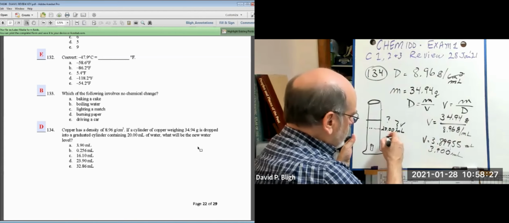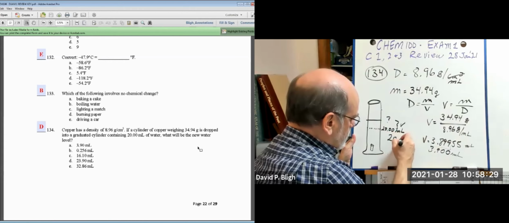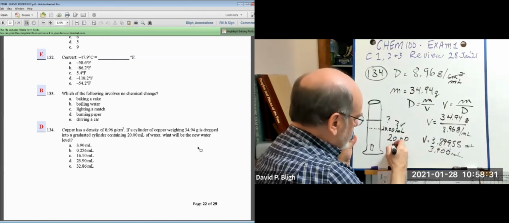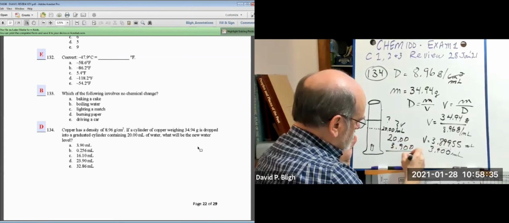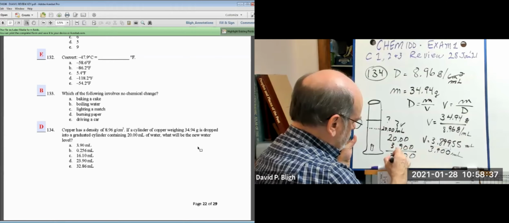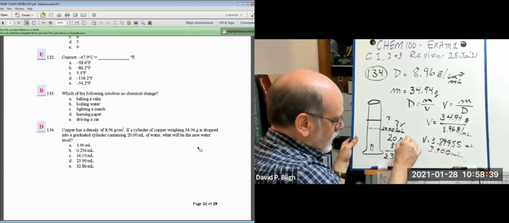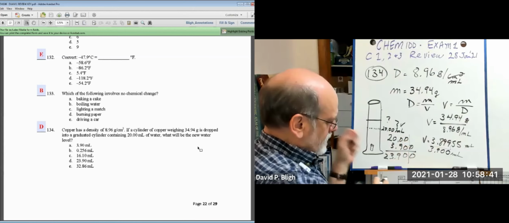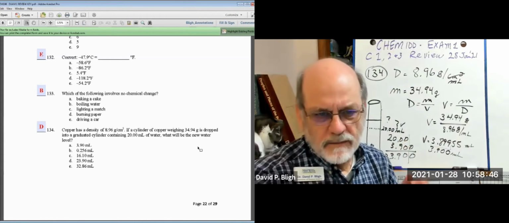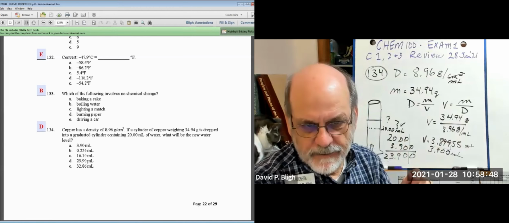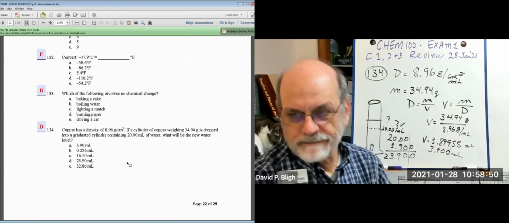So we say 20 plus 3.900 is 23.900. We can only keep this many, so it should be 23.90 milliliters. That's D. Okay?